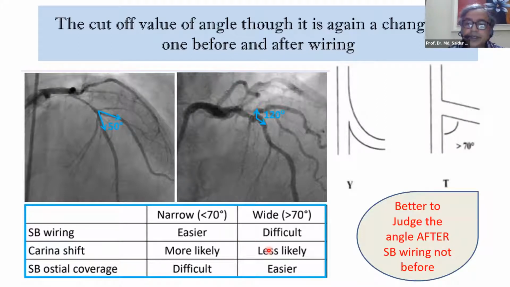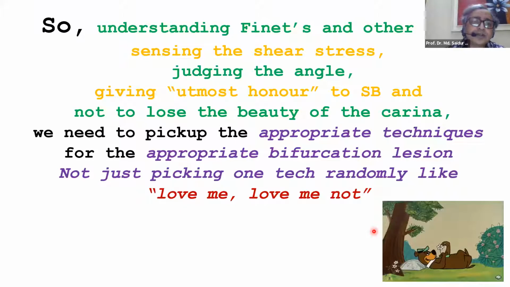So whatever it is, we have to remember that these are angiographic angles, and we have to judge it again after wiring, before choosing a technique, so that the real angle in the procedural perspective will be much more accurate.